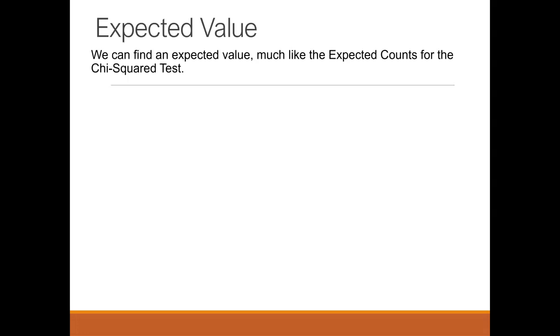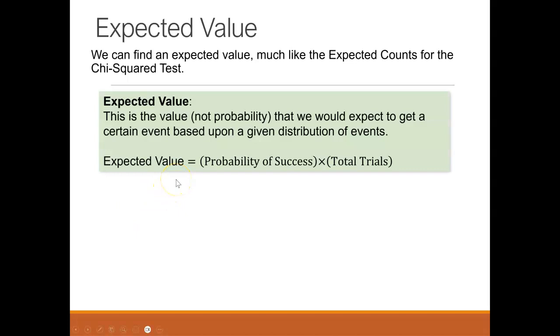We can find an expected value much like the expected counts that we did for the chi-squared test. The expected value is the value that we'd expect to get for a certain event based upon a given distribution of events. So if we're flipping a fair coin 100 times, how many heads would you expect? 50.